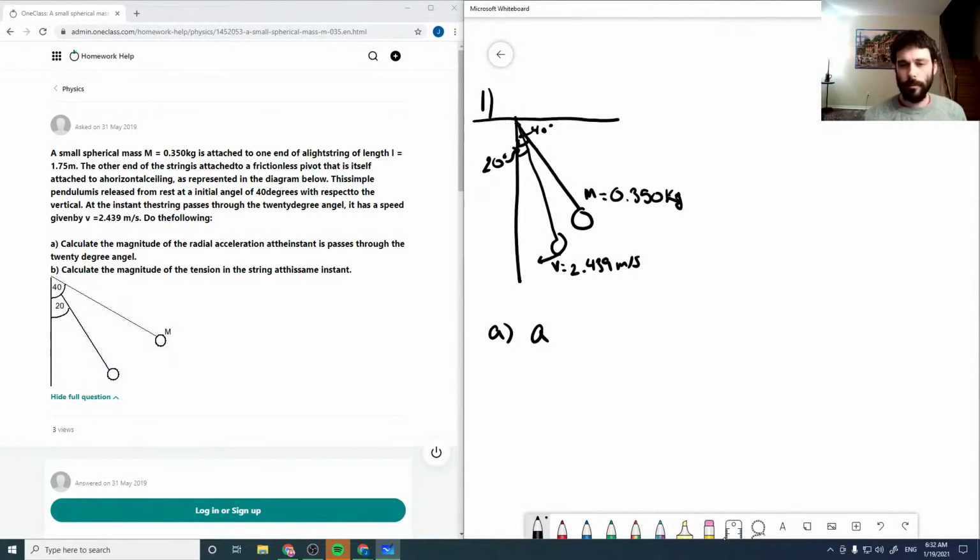And now remember that F equals ma, which in centripetal motion is mv squared over r, where v is our tangential velocity.